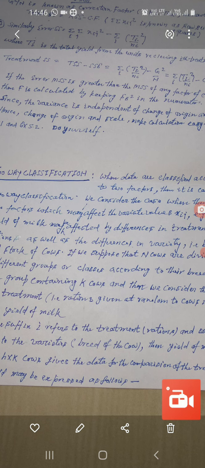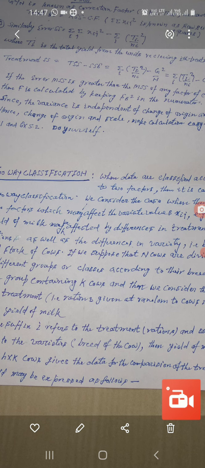Suppose N cows are divided into h different groups or classes according to their breed and stock, each group containing k cows, and we consider the effects of k treatments, that is rations given at random to cows in each group, on the yield of milk.